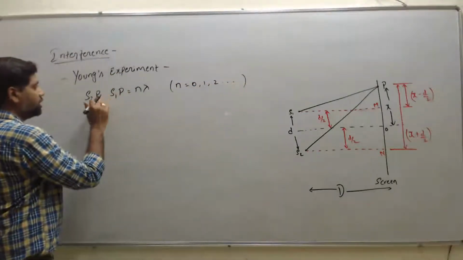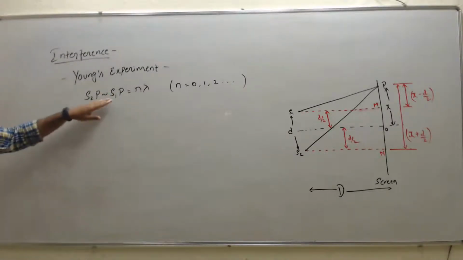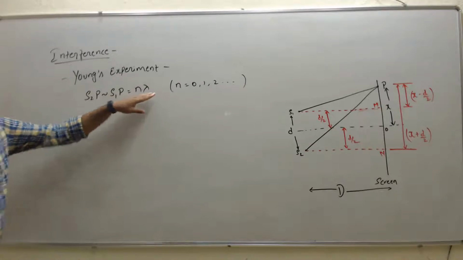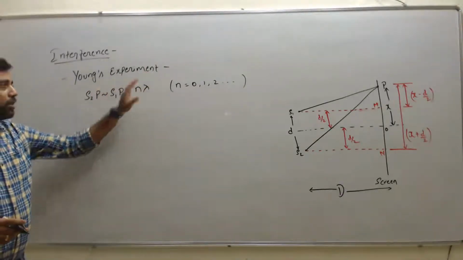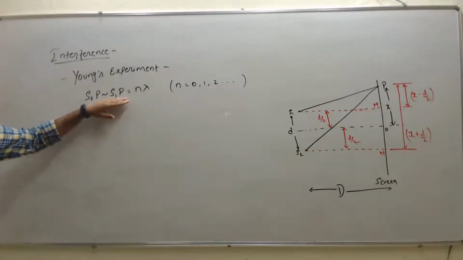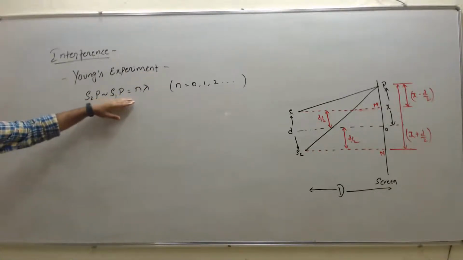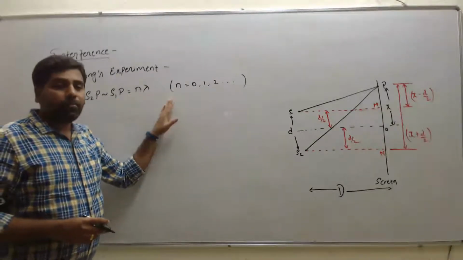The difference of S2P and S1P equals n lambda. In the previous class we studied that for the maximum intensity the path difference S2P to S1P equals n lambda, then we get the intensity is maximum.